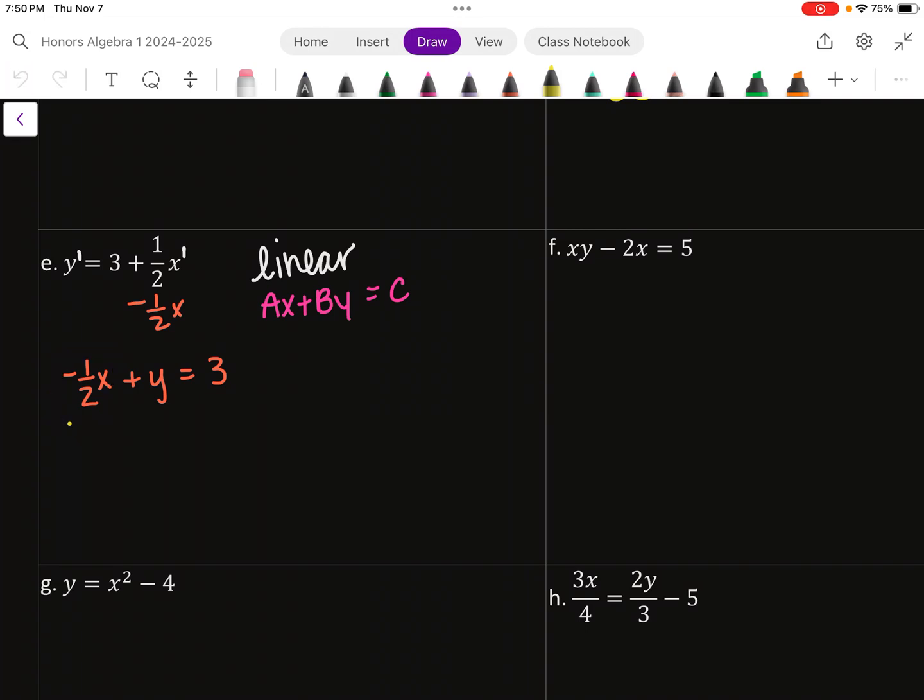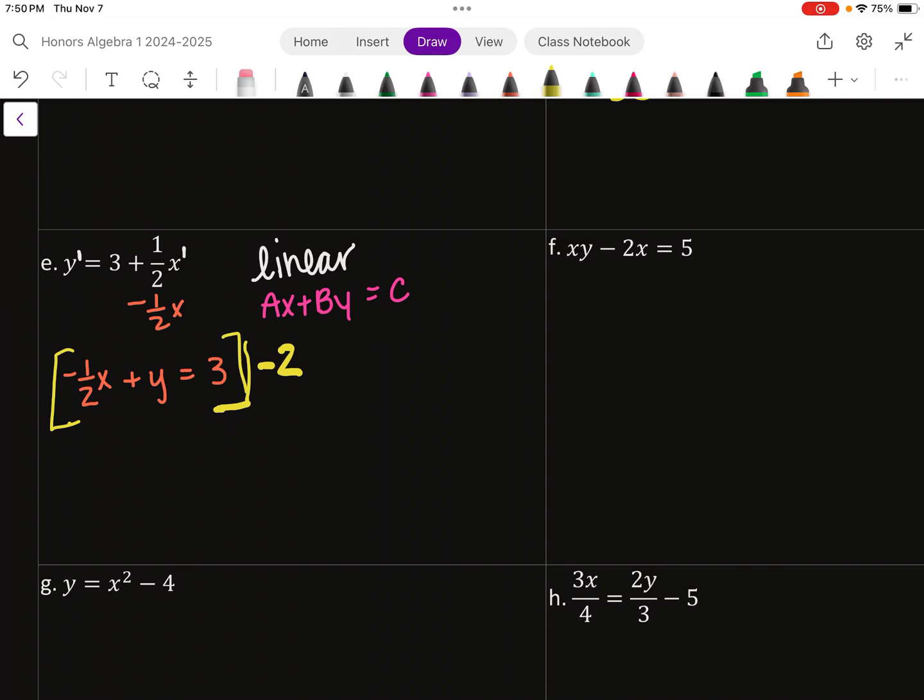By multiplying the whole thing by -2. So I need this to be positive, and I need a to be positive, and all of my coefficients, the numbers, to be integers of some sort.